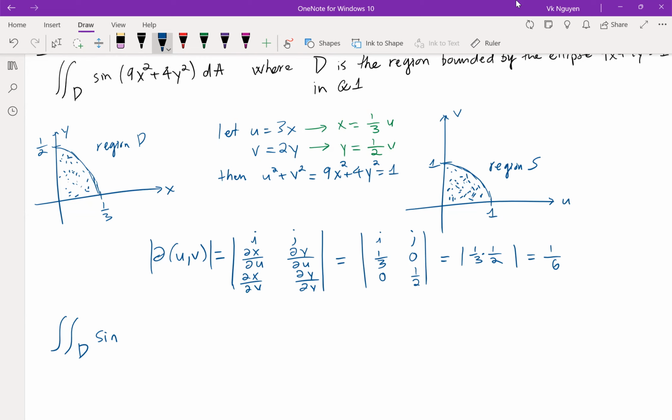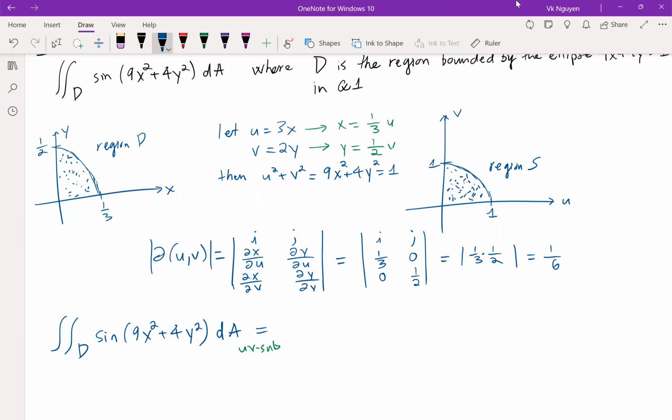Okay, so the double integral of sine of 9x squared plus 4y squared dA equals, I'm going to call it a UV sub here.